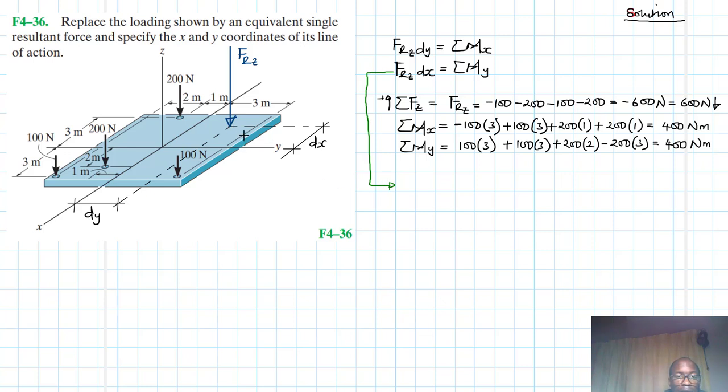Therefore, if that is positive, 600, we need to look at 600. We found 600. Of course, we do not know its location yet.